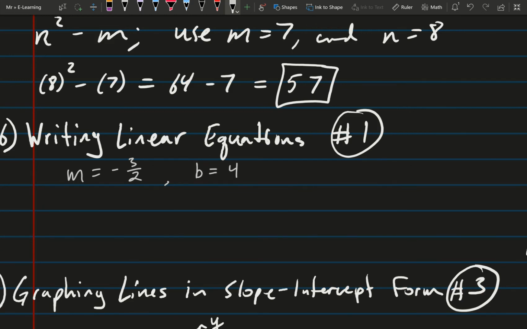Okay. So we can use those values to go ahead and write our equation. We had y equals m, negative 3/2, x plus b, 4. Go ahead and box that in there.